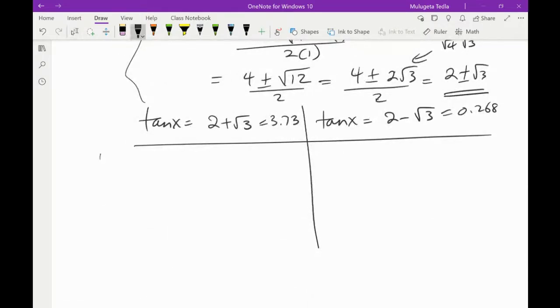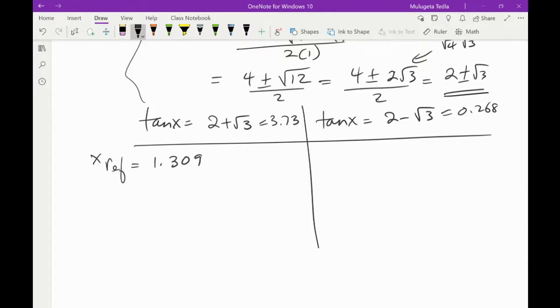So what is the reference angle? I call it x reference. Second function, tan inverse. Where's my calculator? It has to be in radians, right? Second function, tan inverse of 2 plus root 3, which is 3.73.